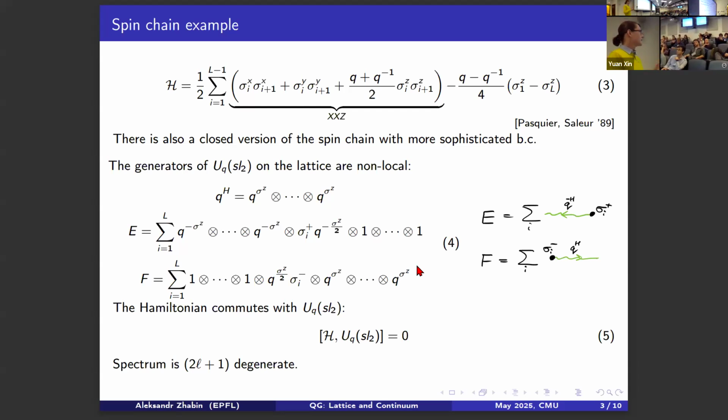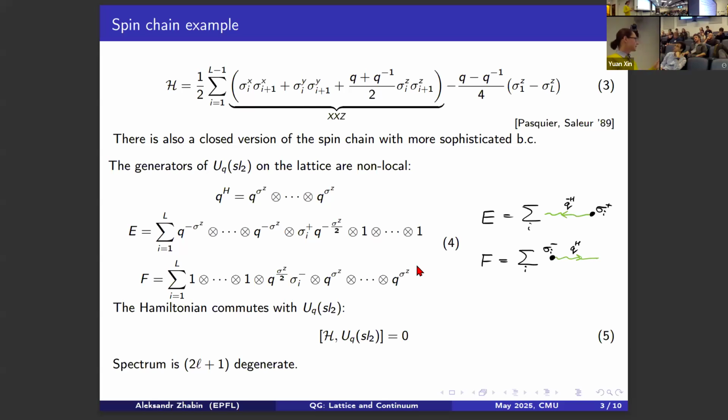On the lattice, we can explicitly write the quantum group generators using the coproduct many times. The generator q to the H is very simple, but E and F, because of this non-trivial coproduct, get this string of q to the sigma z or q to the minus sigma z attached to them. Schematically, we can draw these generators with this green line of q to the H or q to the minus H attached to it.